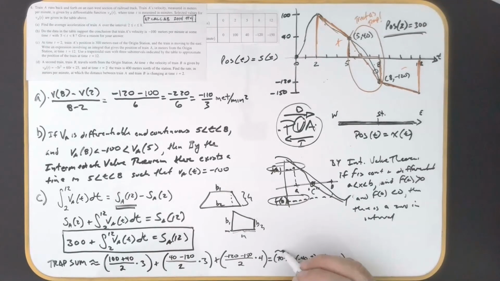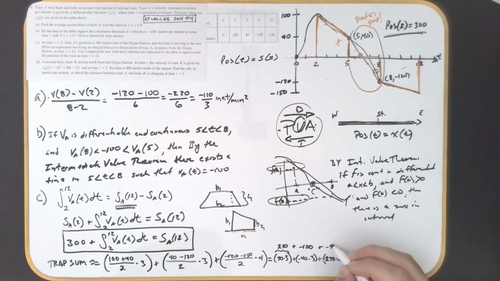So this winds up equaling 210. Plus this winds up equaling negative 120. And then plus this winds up equaling, oh, this was a negative 270, by the way. So this winds up becoming a negative 540. Okay, so positive 210 minus 240.